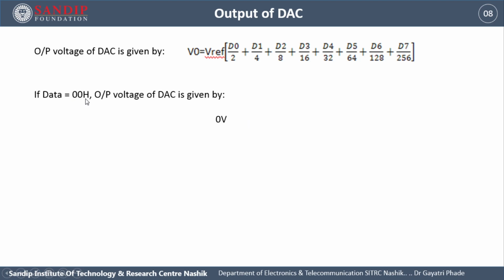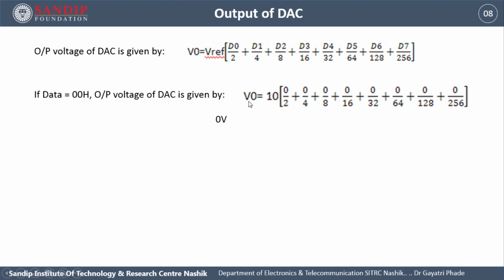If the data is 0, 0, output voltage of DAC will be all 0, because this all will be 0. Anything divided by 0 will be 0, we will be getting the output 0. Let us assume that V reference is 10 volt. So this is for the all 0 bit. Let us change the bit pattern.